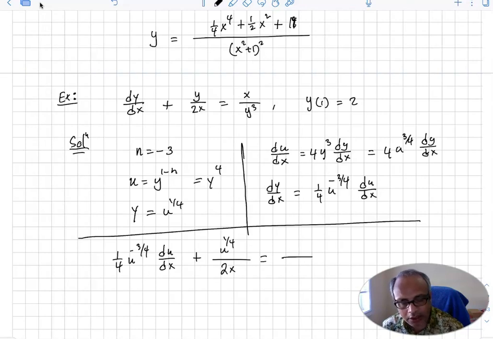Now maybe I can write this one as x y to the power negative 3, and y is u to the power 1/4, so y to the power negative 3 will be u to the power negative 3/4 on the right hand side.